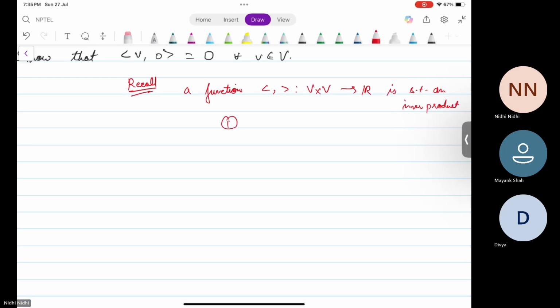Number one, the inner product of a vector with itself is always positive, and this is equal to 0 if and only if v is equal to 0.